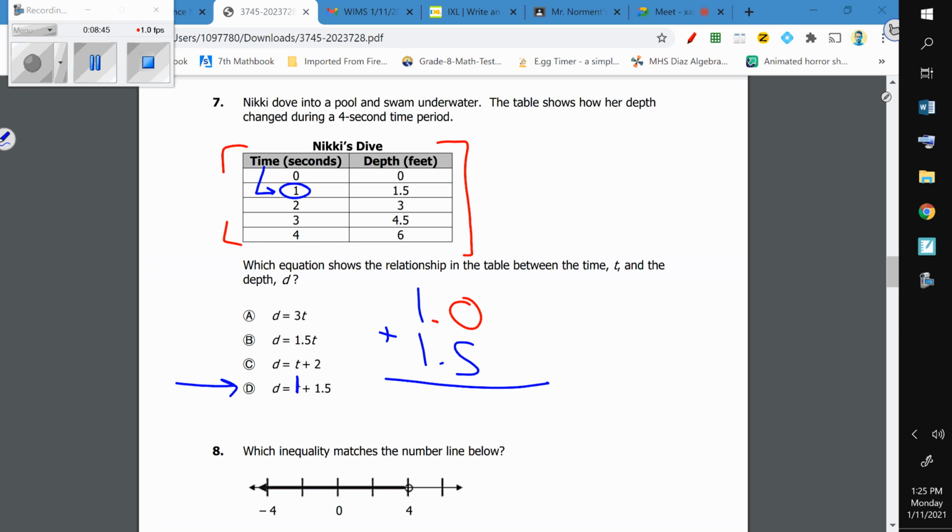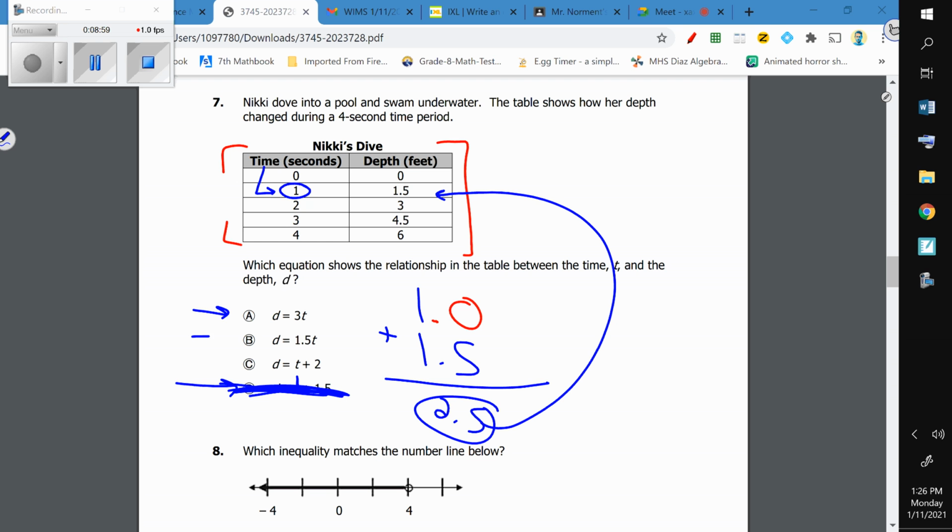And when I do that, I get 2.5. Now, 1 plus 1.5 is 2.5. Now, let me go over here. Is that a 2.5? No, that's a 1.5. So I know this is not the right answer. It's either going to be A, B, or C. So you might have to plug it in and solve for every single one of these, okay? Which is fine. Just know that this is going to involve multiplication, and this is going to involve multiplication, and this is going to be addition.